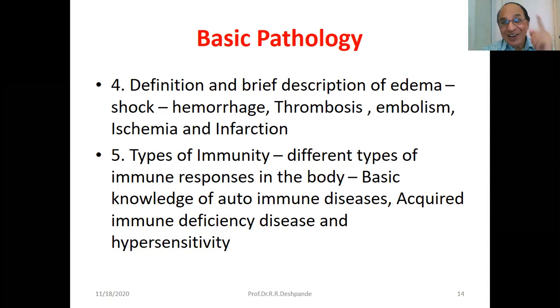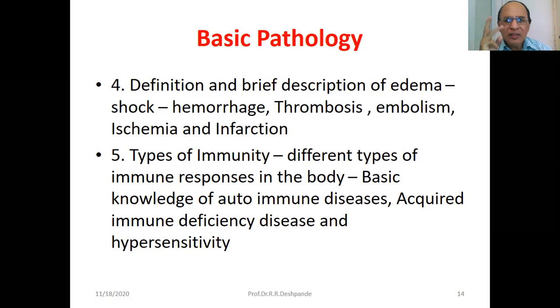Very simple but very important things Dr. Deshpande is telling during the syllabus. I am going to take details of all these things, okay? Don't worry, be happy. These 3 causes, hemorrhage, thrombosis and embolism, are the 3 important causes of spot diagnosis. Hemiplegia. My half part of the body is paralyzed.